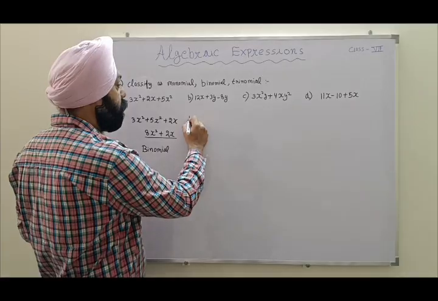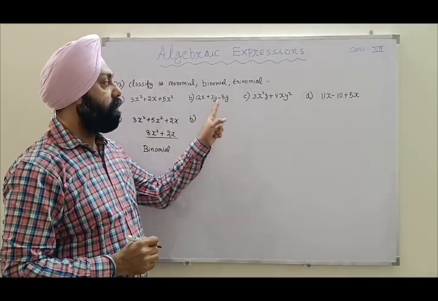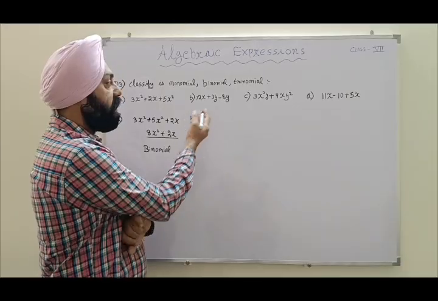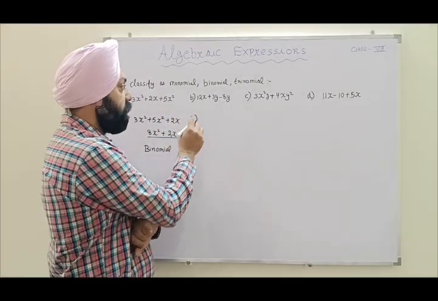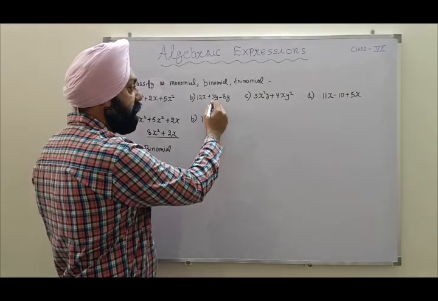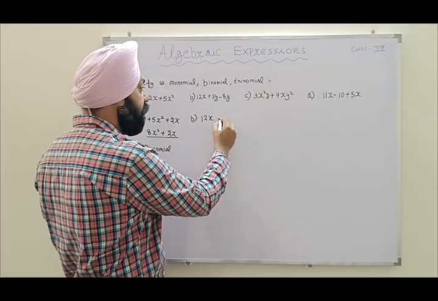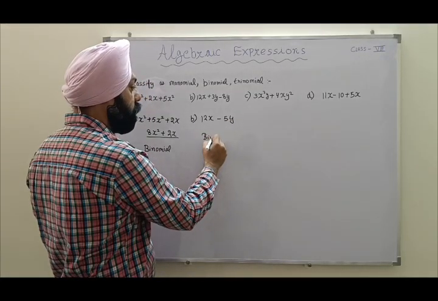Similarly, in this case also, we have 12x, 3y minus 8y. Again, three terms are there, but these three terms are not unlike terms. So we can simplify this expression as 3y minus 8y will give minus 5y. So again, it is binomial.